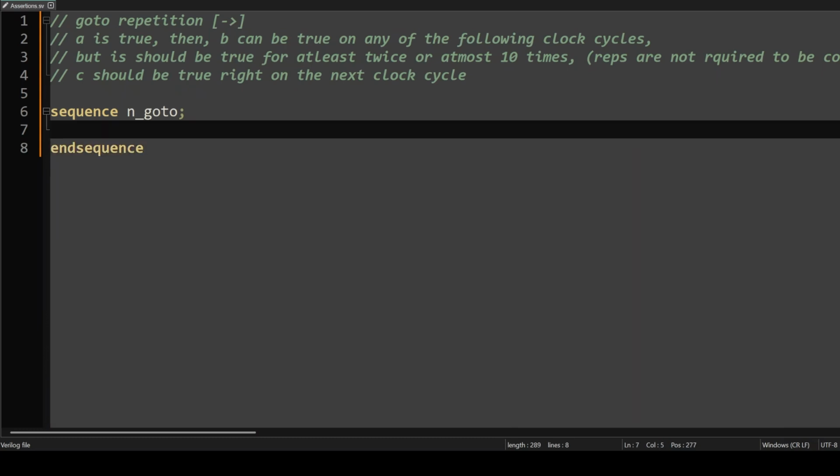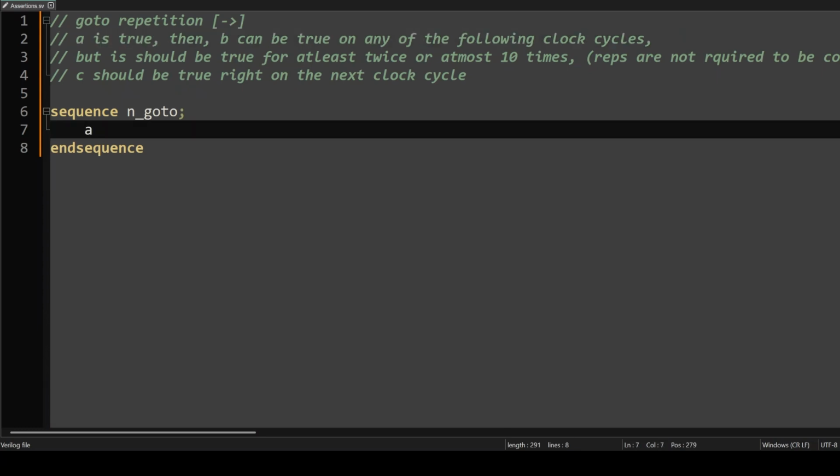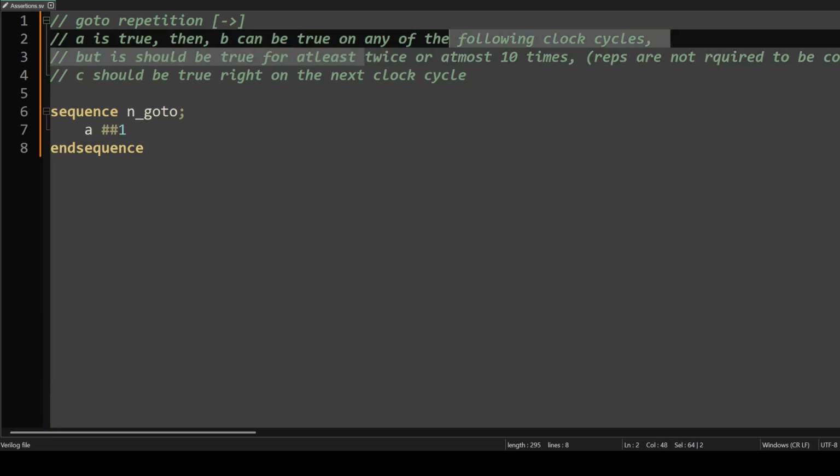Our first line says that if A is true, then on the next clock tick, B can be true on any of the following clock cycles, but it should be true for at least twice or at most 10 times. But the repetitions are not consecutive, so it can appear in any of the following clock cycles for this number of times.